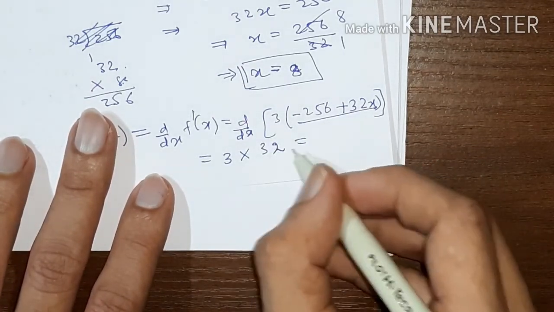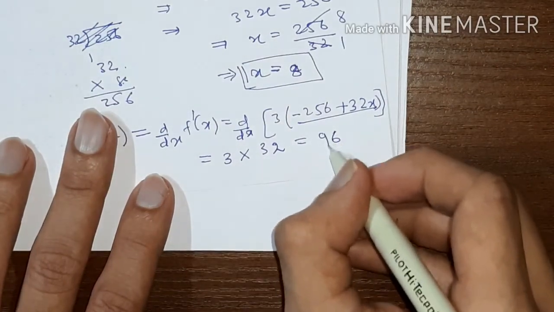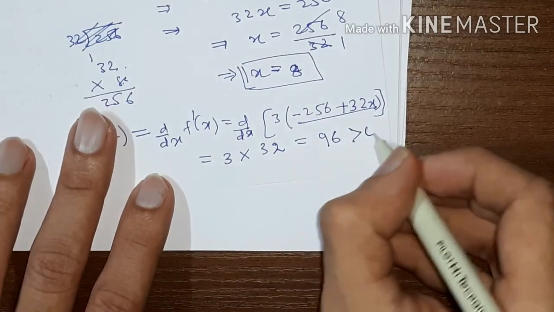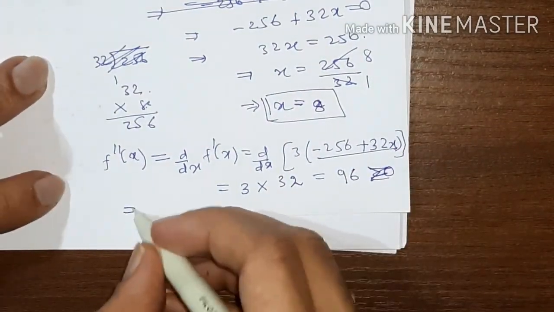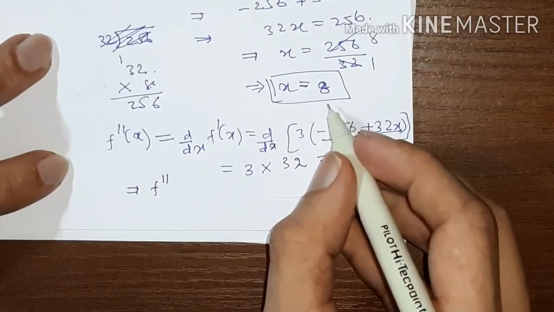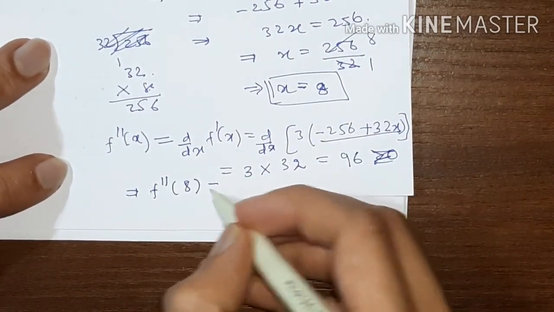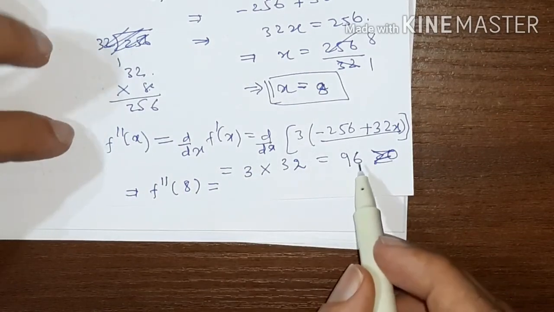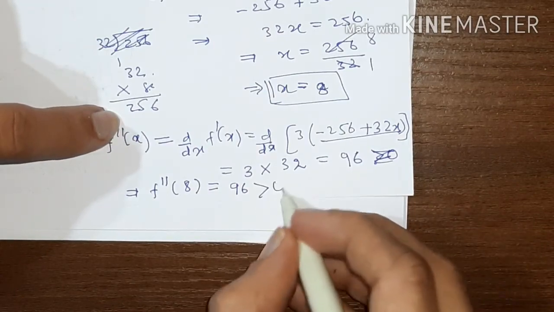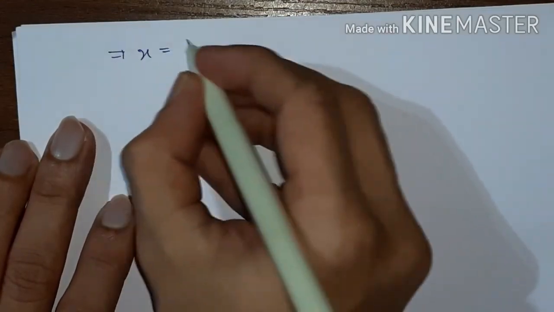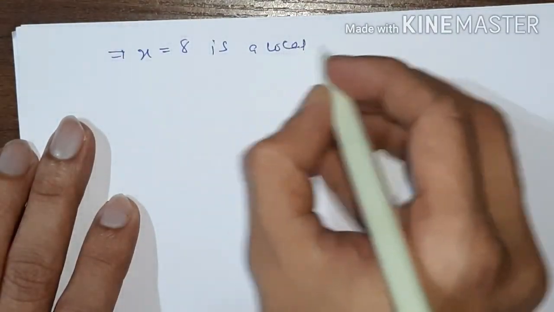So you will get 32 multiplied by 3, which is 96, greater than 0. We have to substitute the value of the critical point, x equal to 8, but since it is a constant function you get 96 only, which is greater than 0. So x equal to 8 is a local minima.